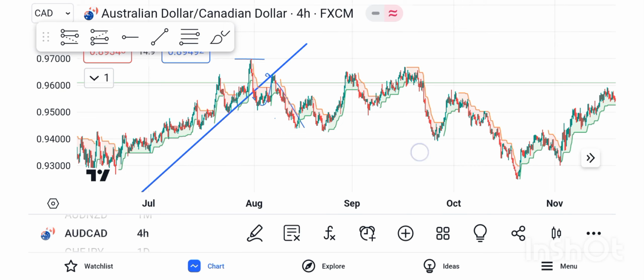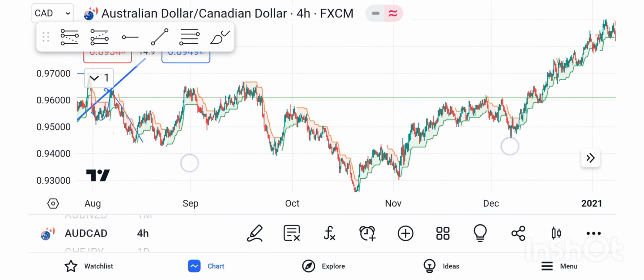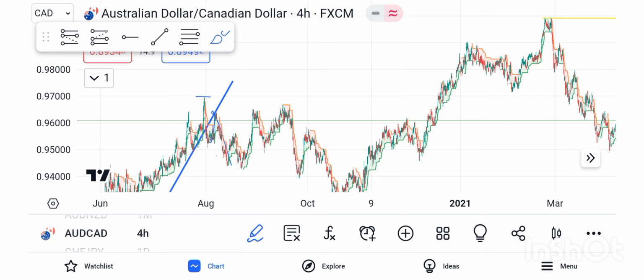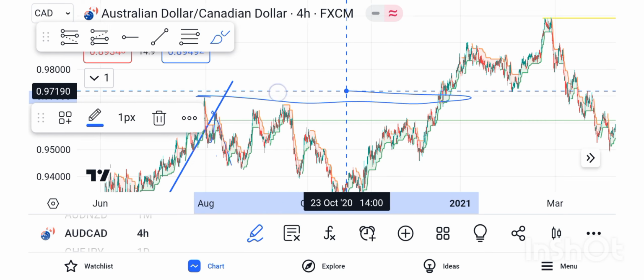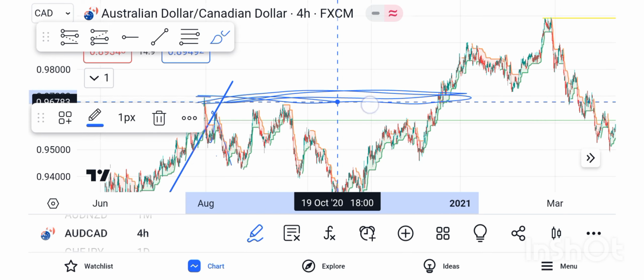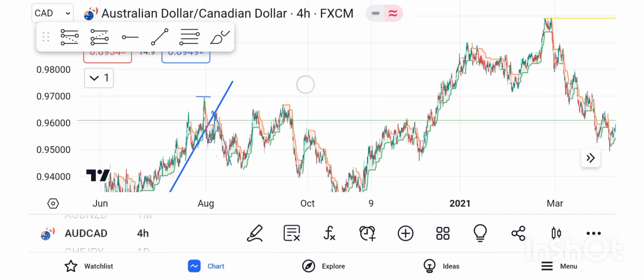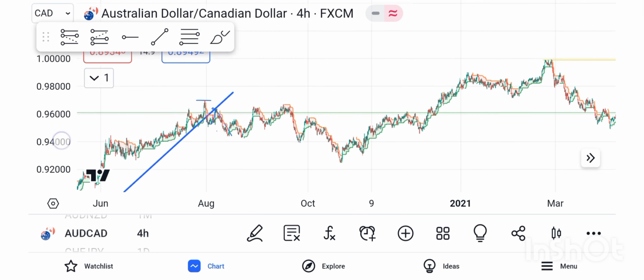But now looking forward, we see how the price broke this high and created a new high again. So when that happened, we are going to have to adjust our trend line to accommodate the new structure. So how do we do that?